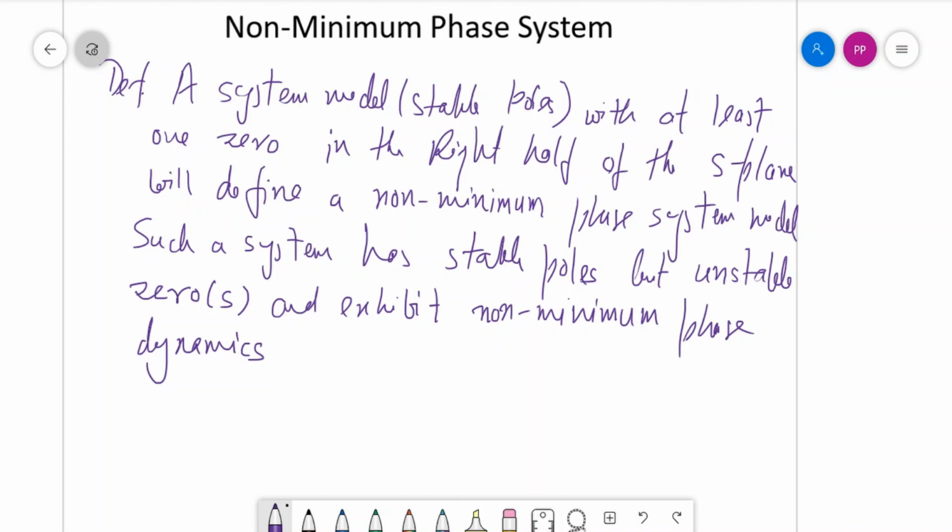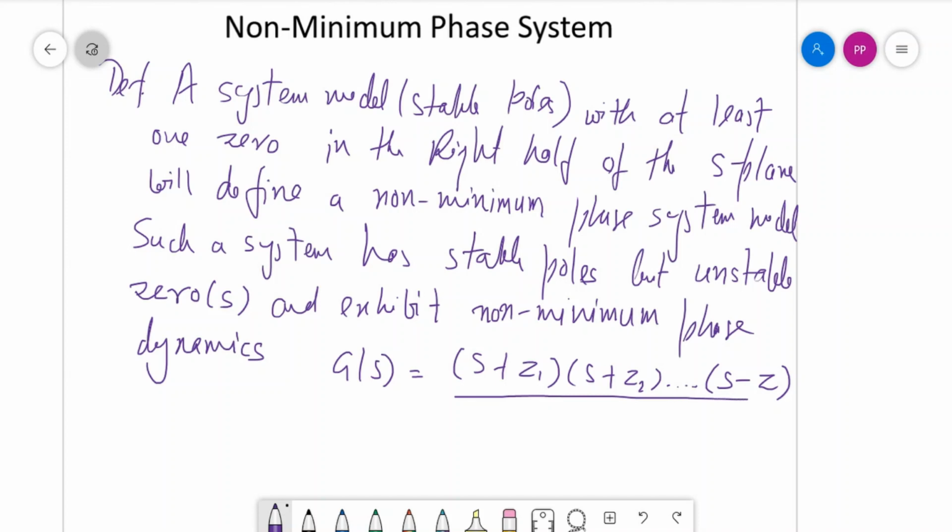So then we have G(s), the transfer function, equal to (s plus z1)(s plus z2), like that, with one of the zeros on the right half of the s-plane or more of it.